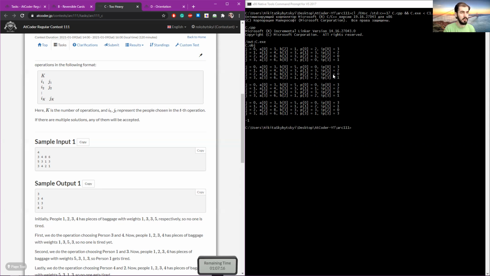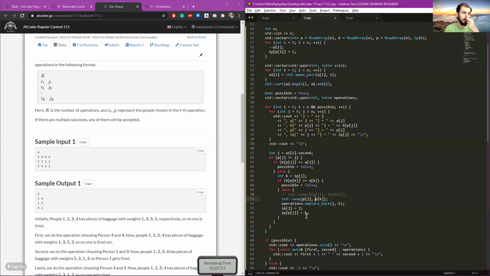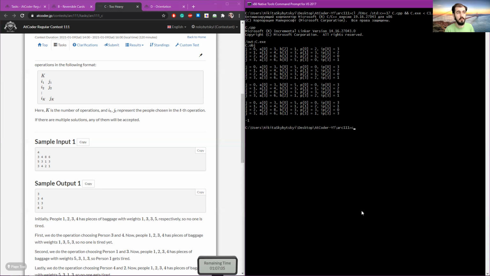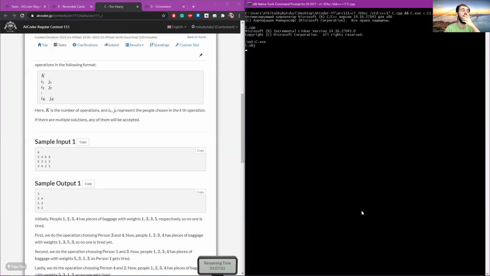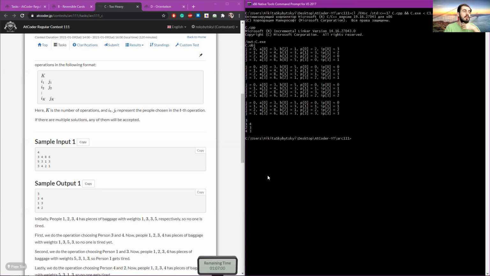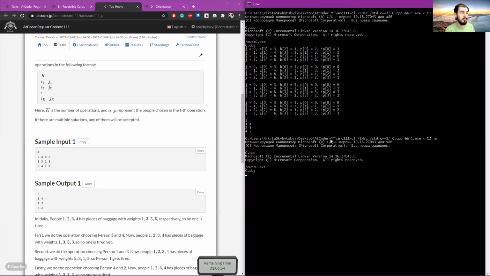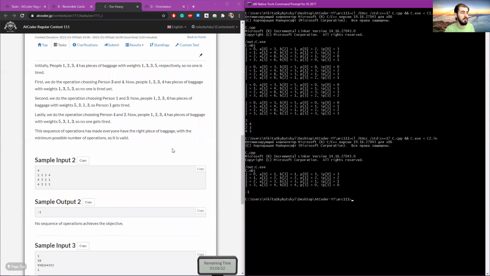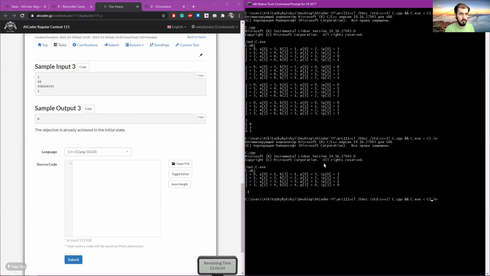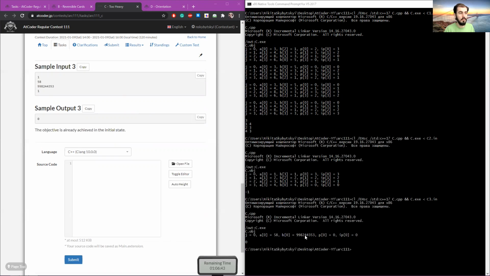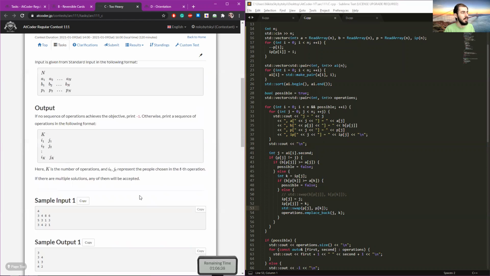Okay, so inverse permutation is currently updating incorrectly, because we should update it before we update this. 2 should be impossible, as long as I remember, and 3 should be in 0 operations. Okay, this is a correct number.